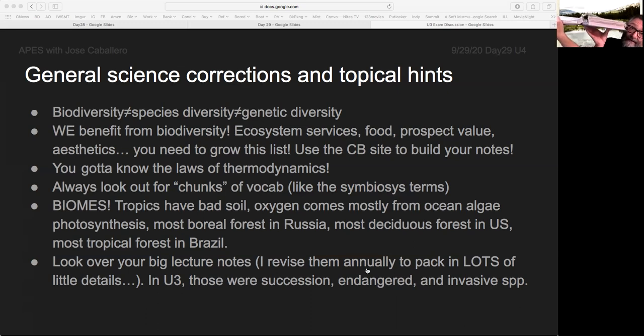You can see how far I've gotten. When I'm talking for like 40 minutes on a topic, I've been working on that lecture for 20 years. You've got to ask yourself, was that a fact that I didn't know? You should be writing all that stuff down. Because in Unit 3, I talked about succession, endangered species, invasive species, and big chunks of lecture. Those came up on the exam. There's a reason I put them in my class to begin with.